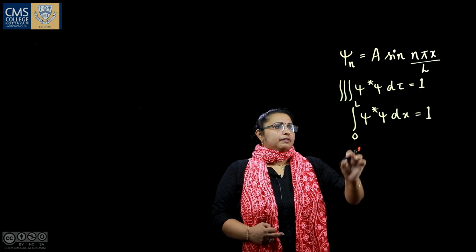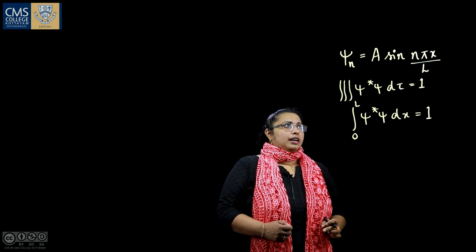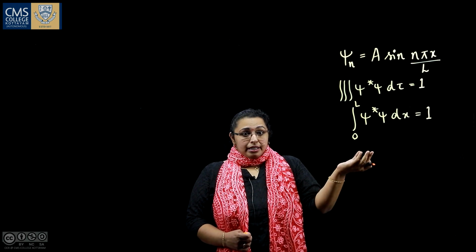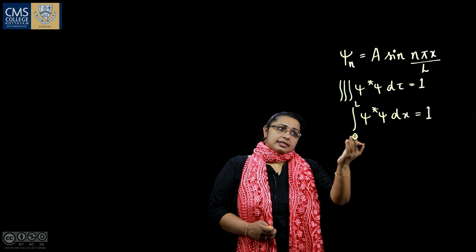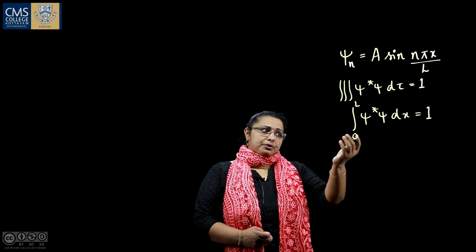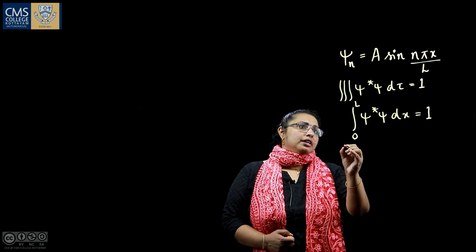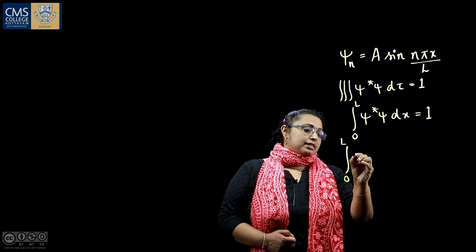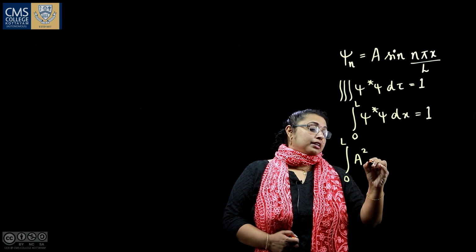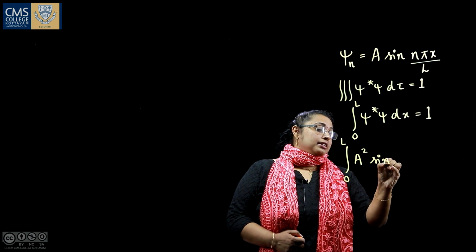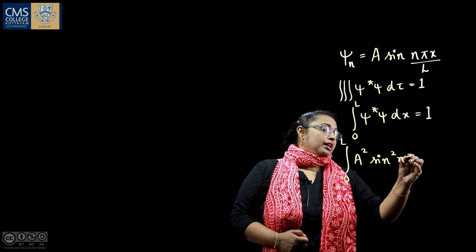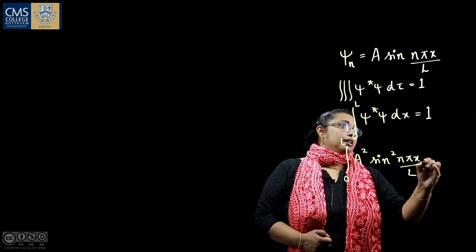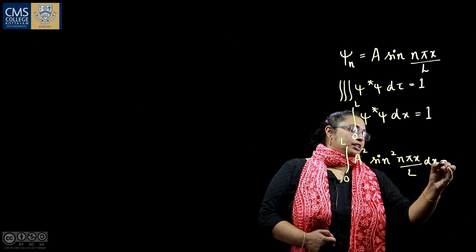You already know that the value of psi is A sine n pi x by L, where we do not have an i term. Therefore, psi star and psi will be the same, so you can just square and substitute it. It will become integral 0 to L, A square sine square n pi x divided by L dx is equal to 1.